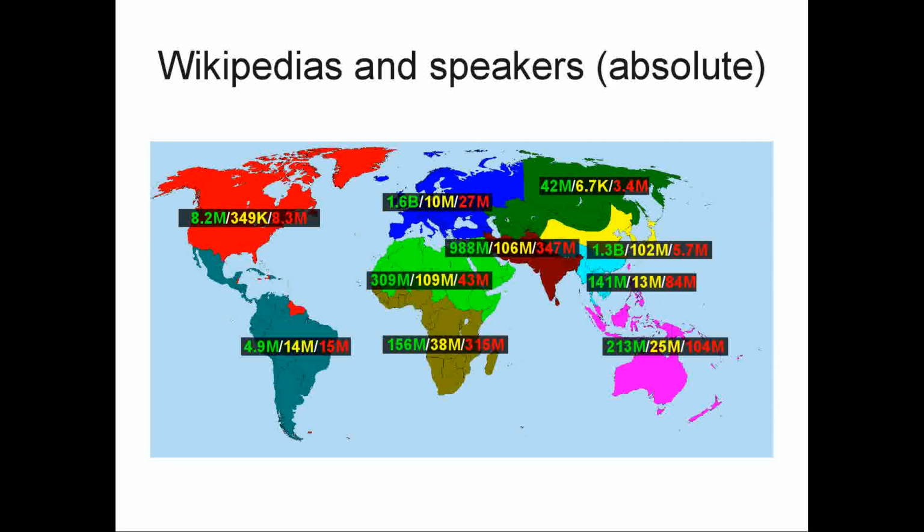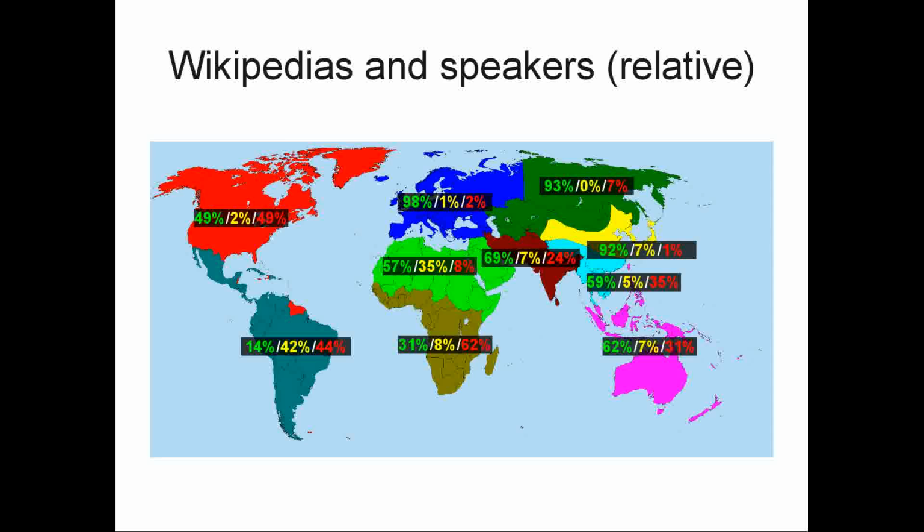So the point is that by looking into those numbers, we are able to recognize where we should go to teach people how to create Wikipedias.